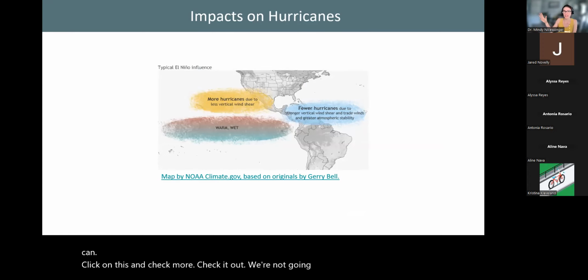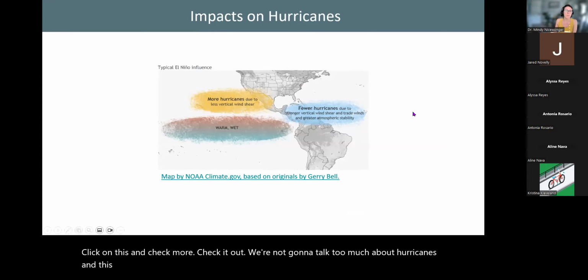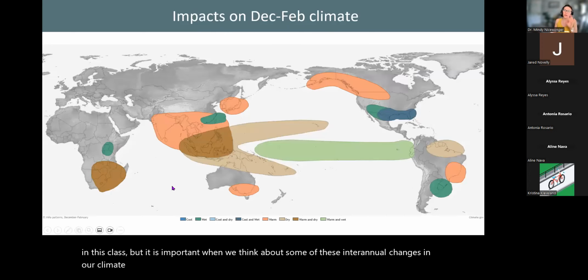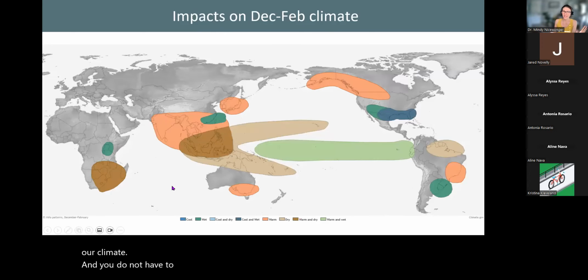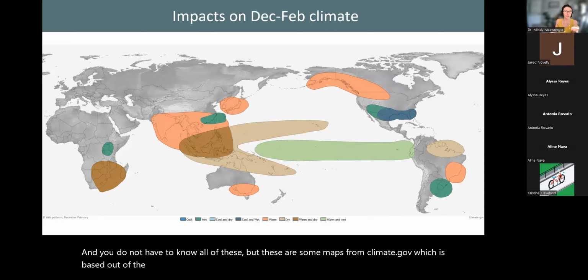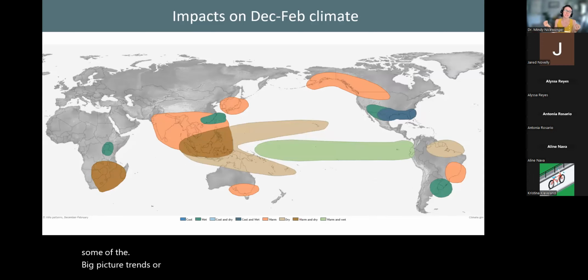We're not going to talk too much about hurricanes in this class, but it is important when we think about some of these interannual changes in our climate. And you do not have to know all of these, but these are some maps from climate.gov, which is based out of the National Oceanic and Atmospheric Administration, kind of demonstrating some of the big picture trends or changes that we see to the climate during El Nino.